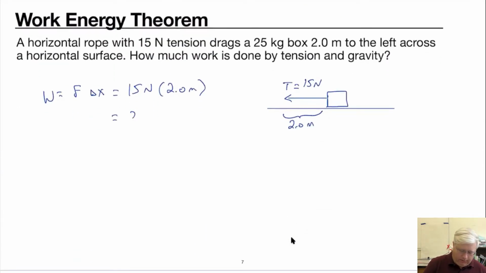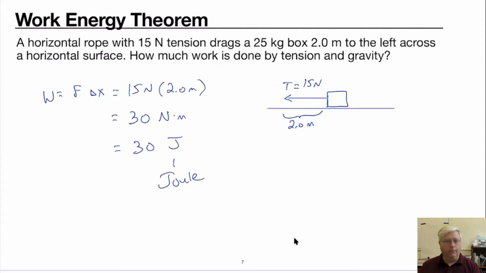And so that will give us 30, and the units we see are newton meters. That's a perfectly fine unit for work, but we can also call the newton meter a joule, capital J for an abbreviation. This is important because we'll also come to see that the SI unit of energy is the joule as well, and we know that work and energy are related.